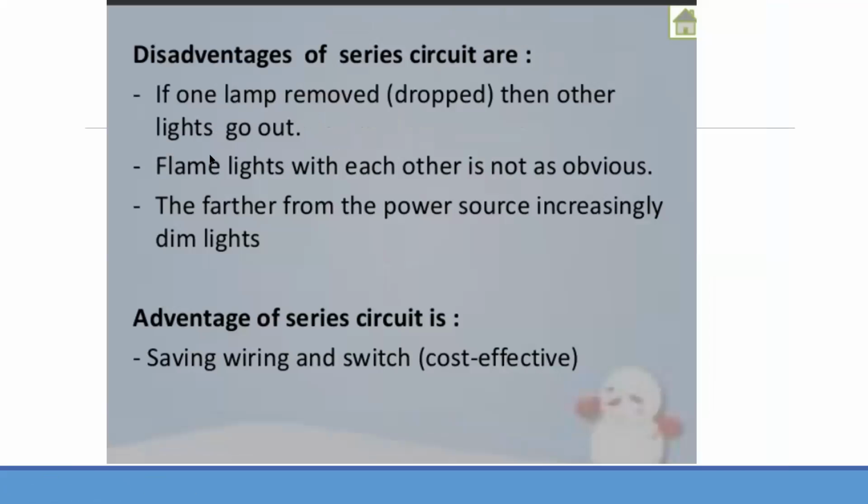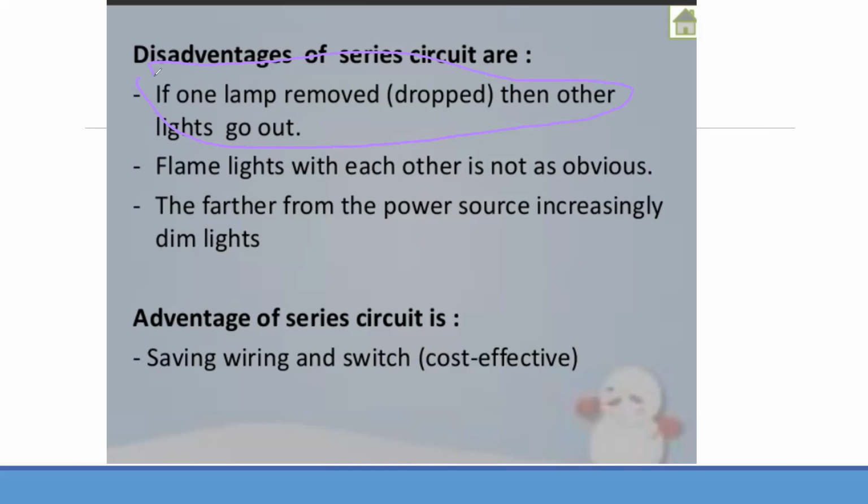And we said that the disadvantage of the series was if one lamp dropped in the series, then the other lights go out, as we saw in the YouTube video. The most important for you here is the first one, that if one lamp is removed, then the other lights go out.